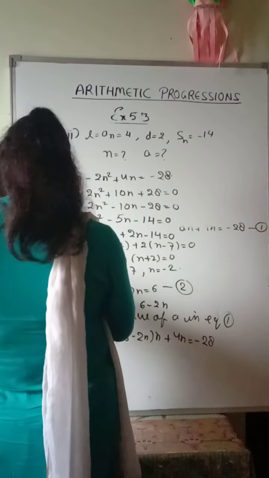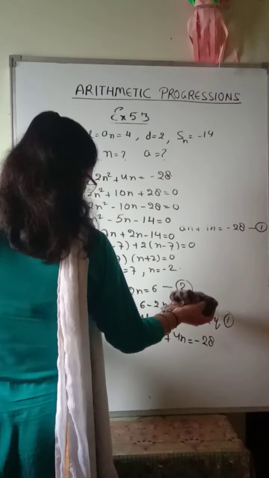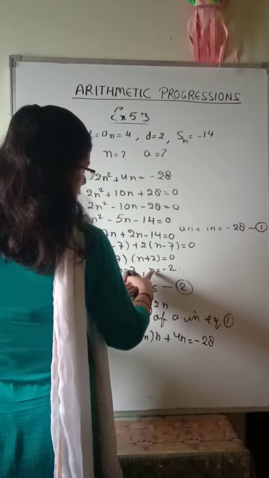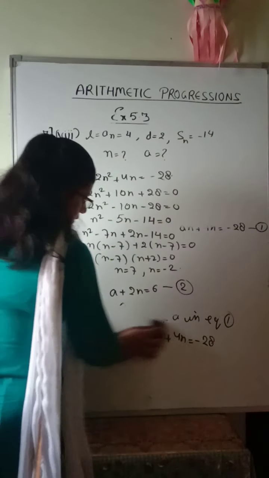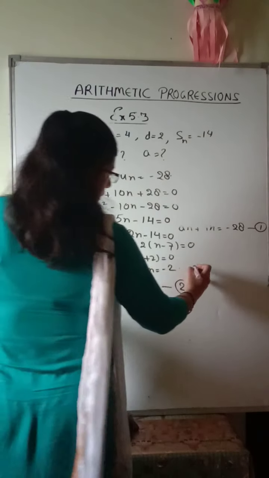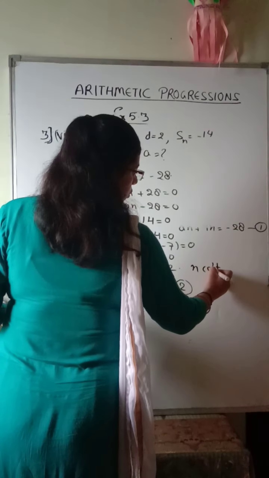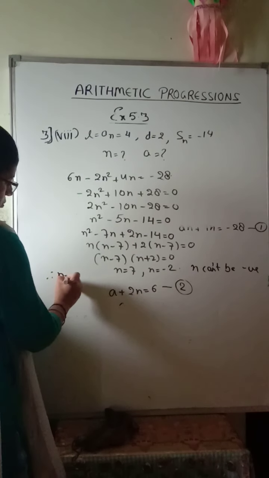n की वैल्यू नेगेटिव नहीं होती है, so what we'll get? n equals to 7. Okay, so substituting the value of n equals to 7 in equation number 2. n cannot be negative, therefore n equals to 7.